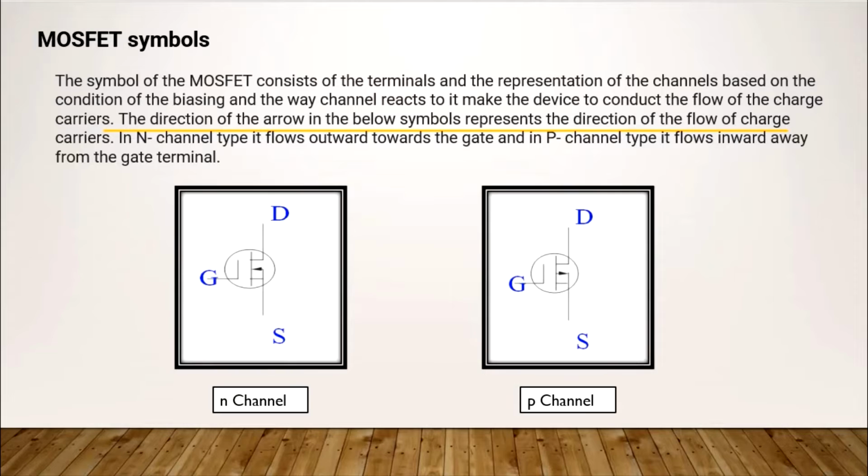The direction of the arrow in the symbols below represents the direction of the flow of charge carriers. In N-channel type, it flows outward towards the gate. In P-channel type, it flows inward, away from the gate terminal. This is the symbol for N channel. This is the symbol for P channel.